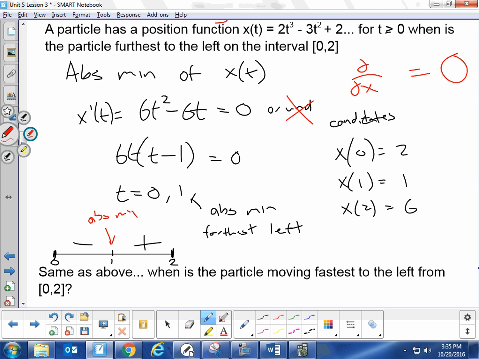Okay? We could do the same question as above, but now the question is, when is the particle moving fastest to the left? Let's make it fastest to the right.